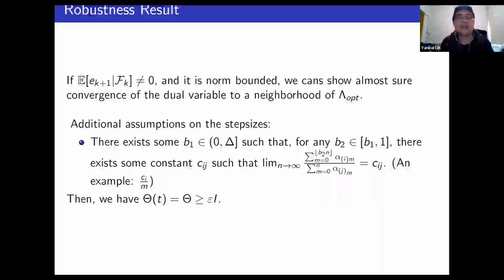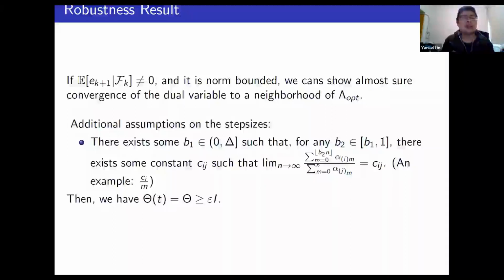And you may be interested in asking the question, can you show similar convergence results under these conditions? And the answer is yes, if you're okay with convergence to a neighborhood. So if the expectation is non-zero and the error is bounded, we can show, so here is a typo, we can almost show convergence of the dual variable to a neighborhood of the set lambda opt.